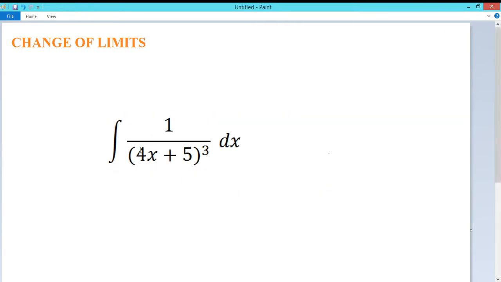This indefinite integral means this question has no limit. Assuming they apply limits here, a and b, lower and upper limit, where a and b are integers, if we provide limits here for us to solve, how do we tackle it?